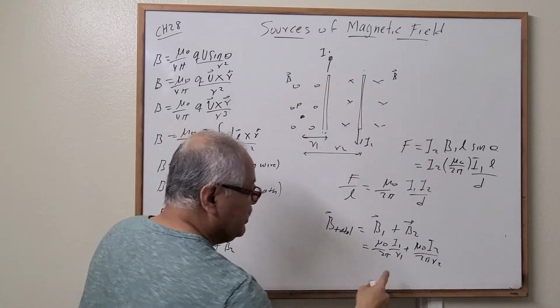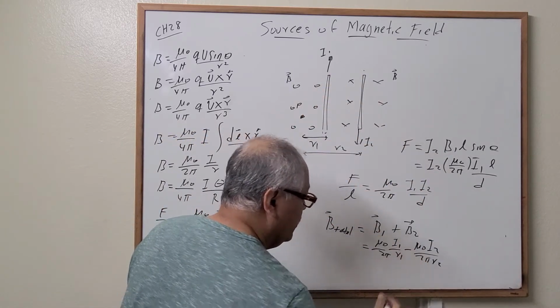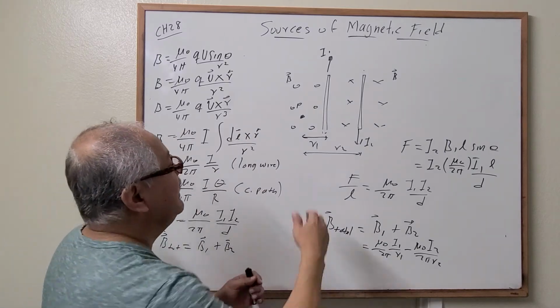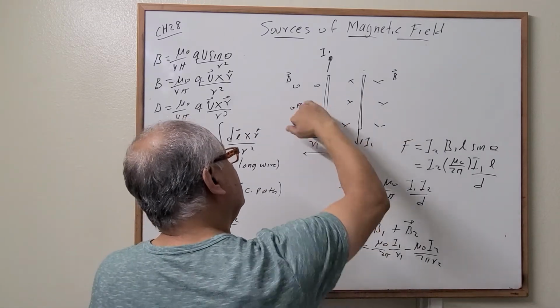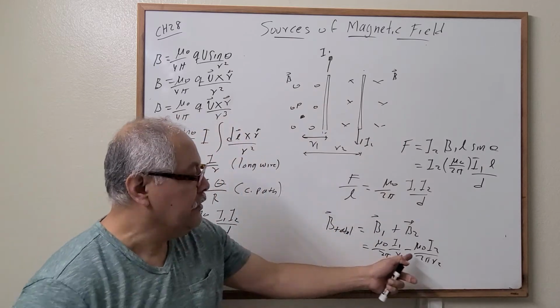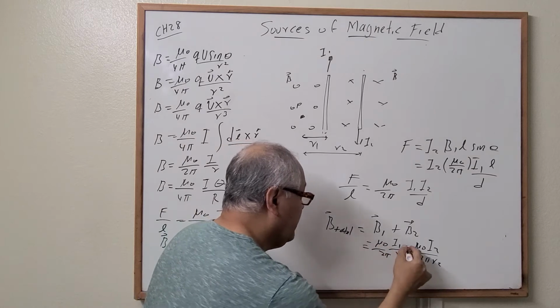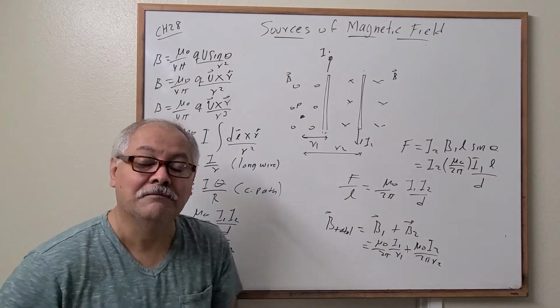We just change the signs here. We have to establish the convention. If coming out is positive, going in is negative, we can use this notation, or we can use the other way, this one negative and this one positive. It depends on the convention.